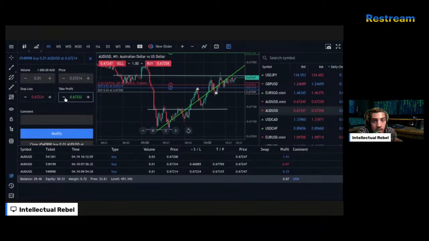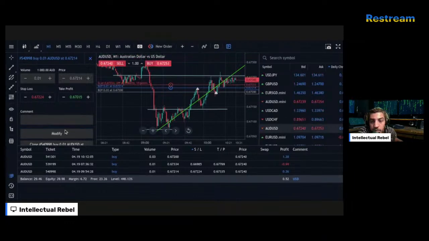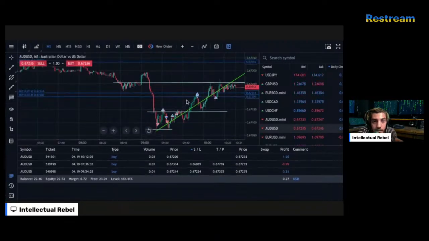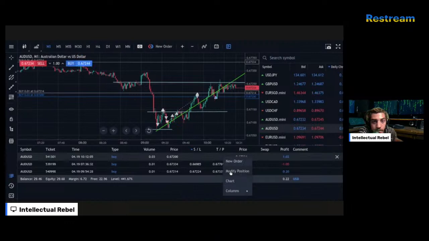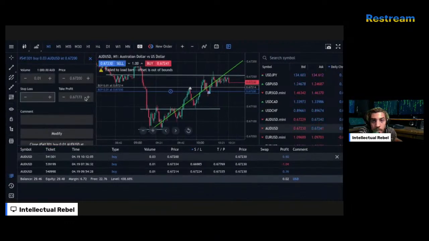Oh yeah, take profit is way up here. But that's why I want to execute it at like... It's just weird how this one's not letting me apply a stop loss.